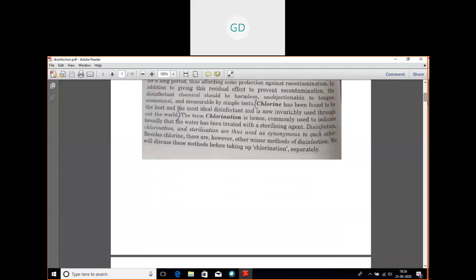Suppose I'm giving you two glasses of water. In one glass there is turbidity, color, odor. All the suspended impurities are present, and it is also crossing the permissible limits.